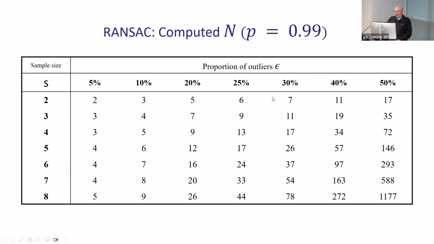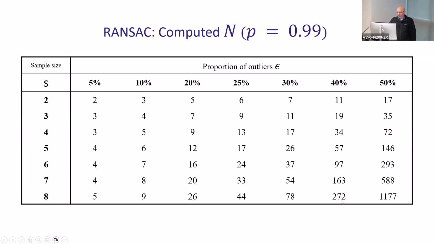But if you have only like 20% of outliers, then you need only 5 random samples, which is not much. The computation is not expensive, it's really simple. And to me, at least, this table is surprising, because even if your model has like 8 parameters to tune, you need 8 points to define your model, which is a lot.